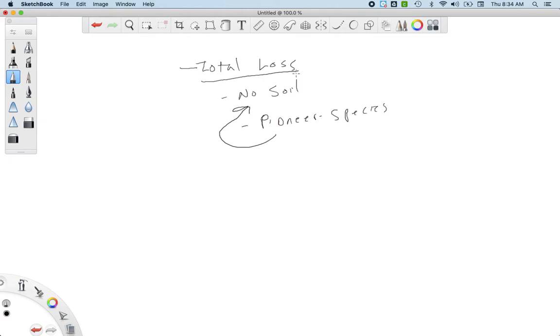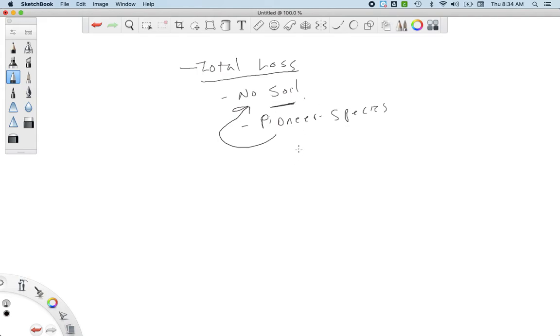So when you have a total loss of soil, one of their roles is to begin to rebuild soil. Now we can have fires, floods, windstorms, erosion, things where we lose species. We have a disturbance, but we don't lose the soil, and then different organisms will come in. They still might be referred to as pioneer species, but they are not the same kind of pioneer species that come in when there is no soil.